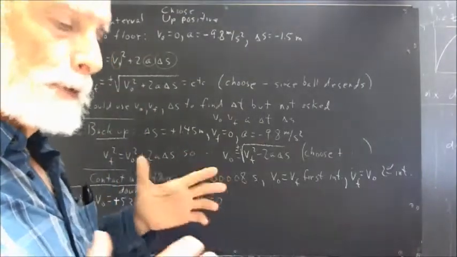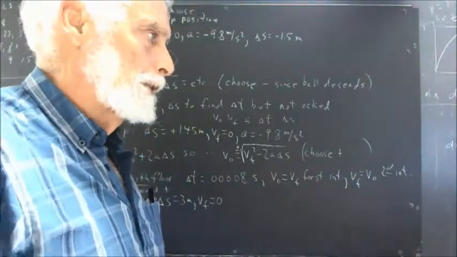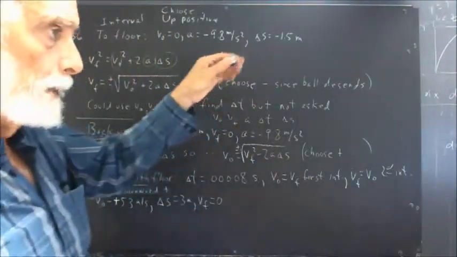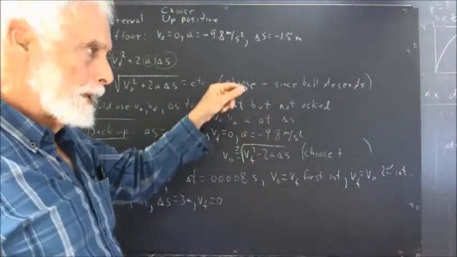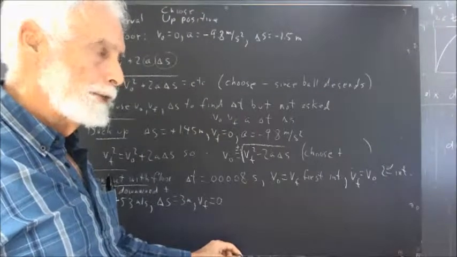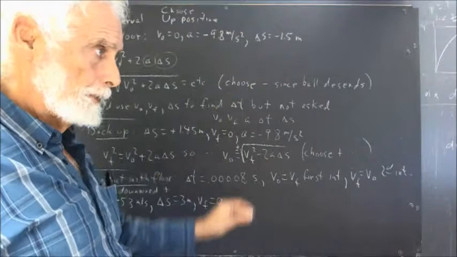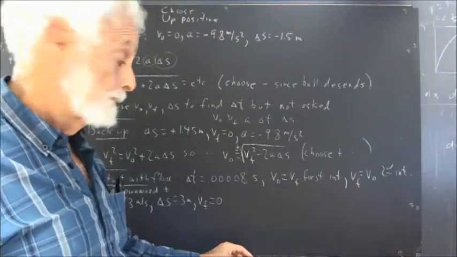Now, one important point that I made is simply that, let's say this is the ball here. From the time the ball is released to the very instant at which it first encounters the floor, its acceleration is uniform, the acceleration of gravity.